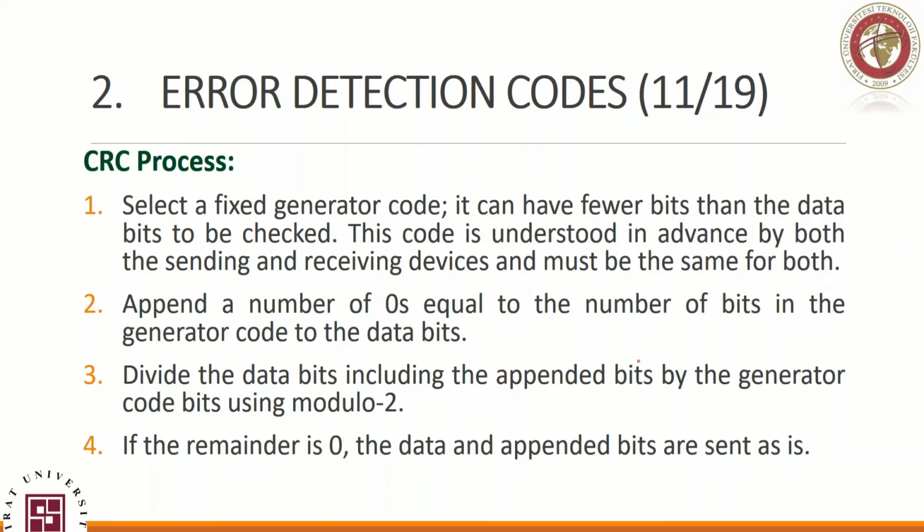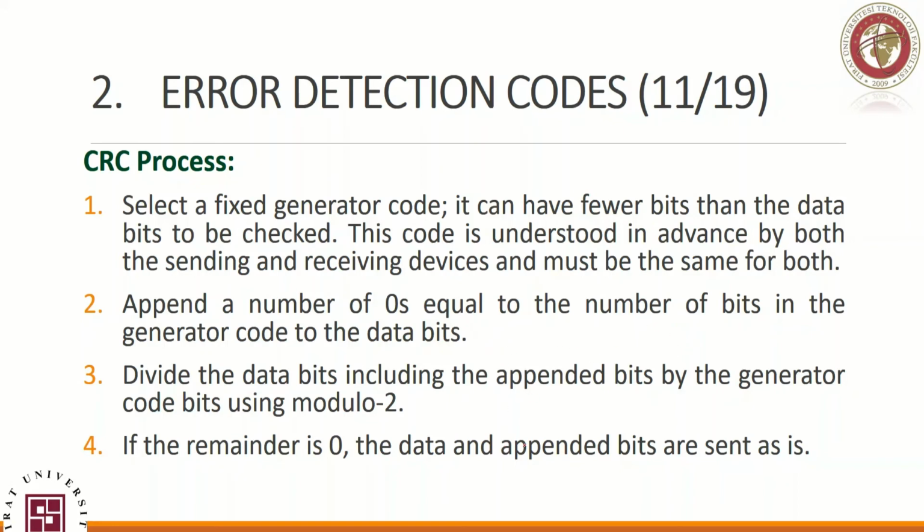Then we have to add a number of zeros equal to the generator code length to the data to be sent. It doesn't matter how many digits the data has, but what we need to know is how many digits the generator code has. Let's say 4 digits, you need to add 4 zeros to your data from the right side. You append from the least significant bit and onward.